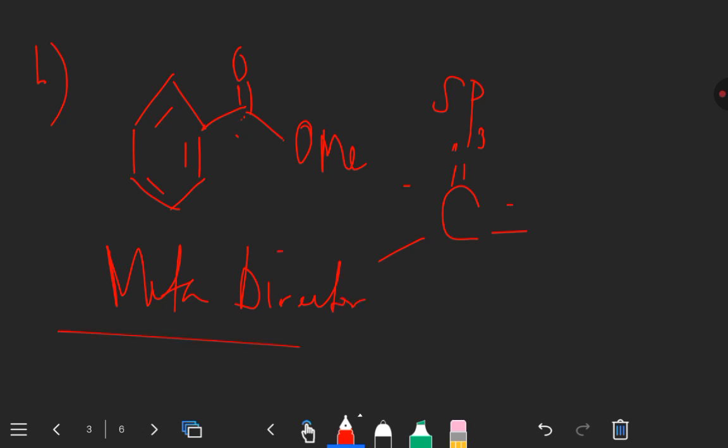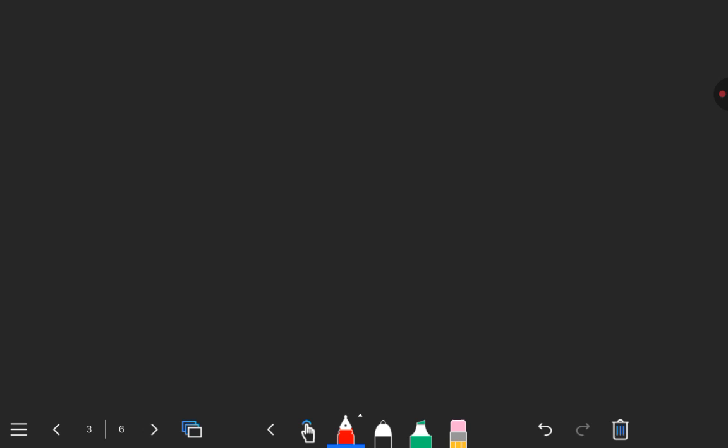Okay, so let's look at another example. Let's say we have this structure. We have a benzene ring like that. Then it is attached to oxygen. Then this oxygen is bonded to another oxygen, then with a methyl group there.